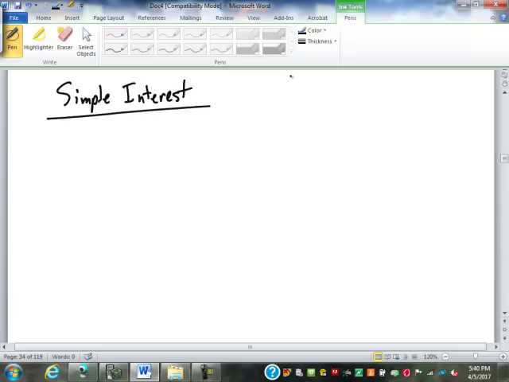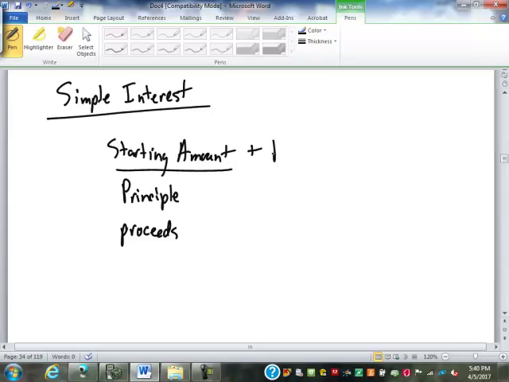And in simple interest, all we're dealing with is a starting amount that's usually called the principal or the proceeds, depending on the type of loan it is. And to that, we're adding some sort of a fee or a charge for letting you borrow the money.